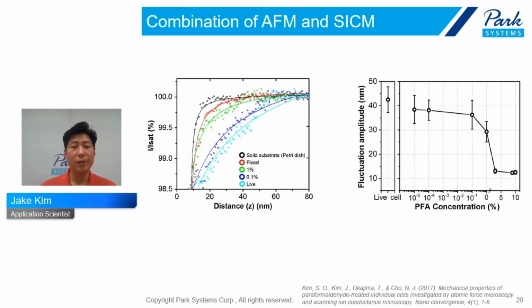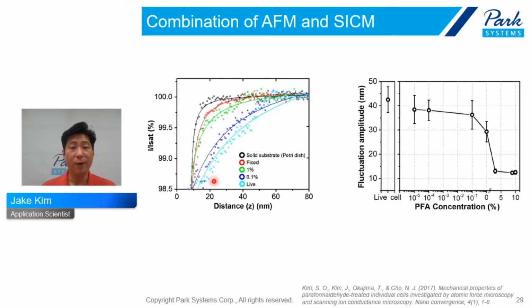Here is the result of the ID curve. In the solid substrate, like a Petri dish, the ID curve exhibits the steepest slope, this black one. And in the case of live cells, meaning the untreated condition, the ID curve shows the broadest slope, this one.